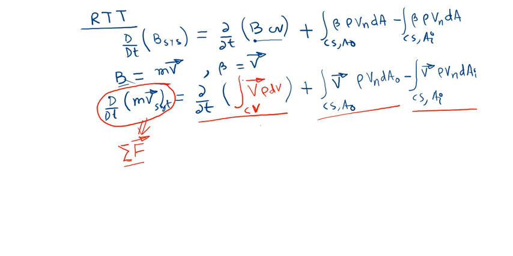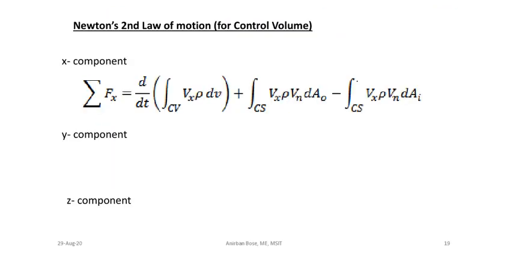Okay, so now if you see this equation, I hope you will understand. Here you can see the x component of the equation has been written, that is summation Fx, and here this is the unsteady term.